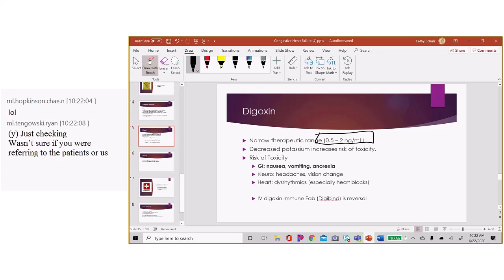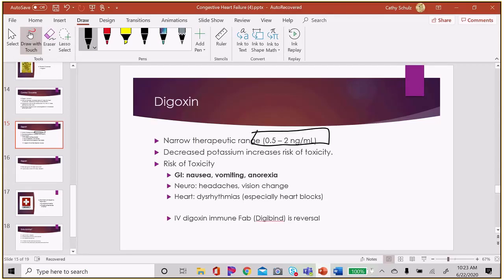When they see that the blood test shows that the patient's level is 1.9 to 2, they will incorrectly say the patient should hold the medication only because it's on the upper range of normal. And people sometimes think, oh, you're trying to trick me. I'm supposed to know the range, but you're going to say, well, that's too high, and I have to be careful. That is not correct. This is a tiny therapeutic range. So if the patient's level is 2, they should take the medicine. So don't walk yourself down that road so that you get something wrong when you actually know what the therapeutic range is.